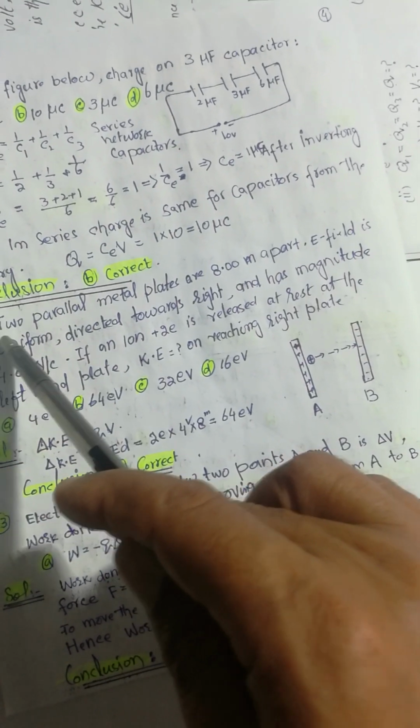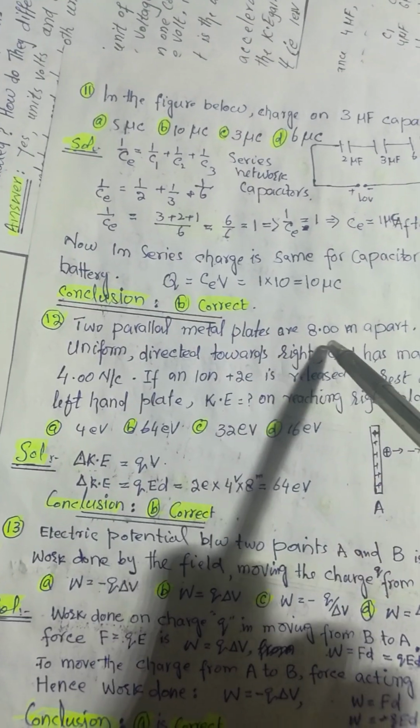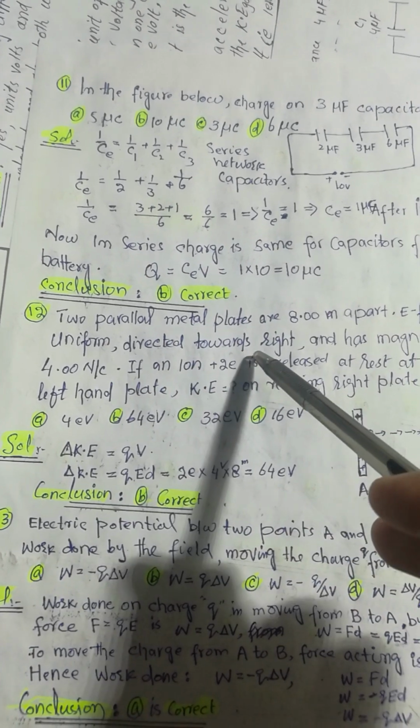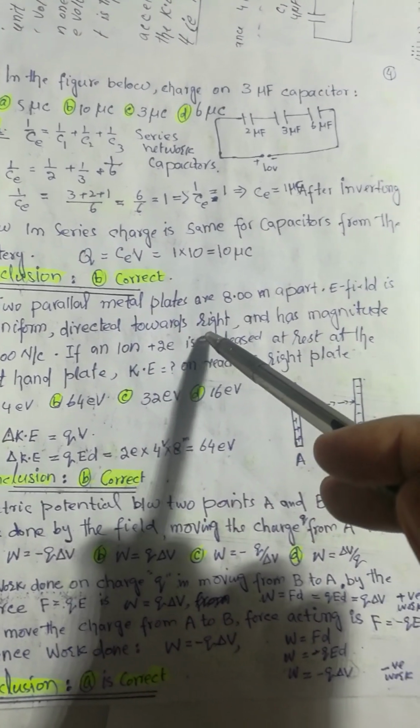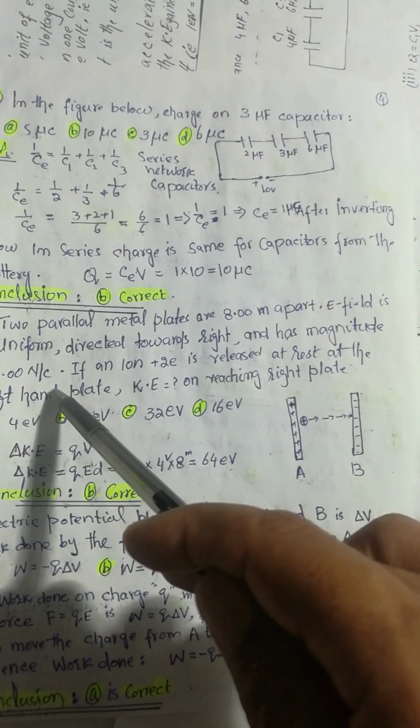Now question number 12. Two parallel metal plates are 8 meters apart. The electric field is uniform, directed towards the right, and has a magnitude of 4 newtons per coulomb.